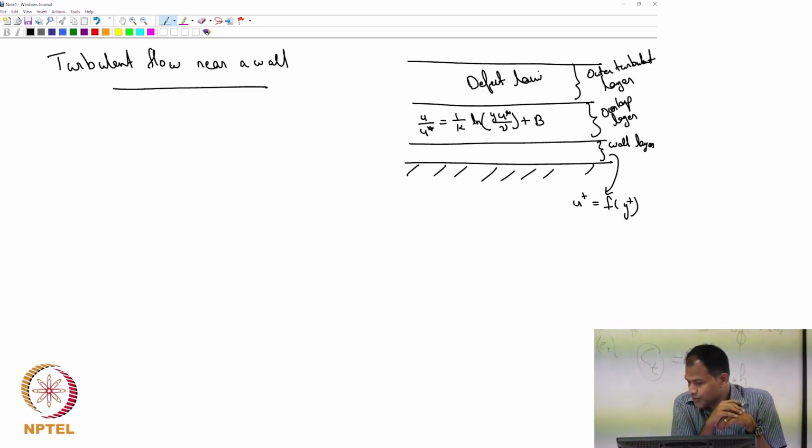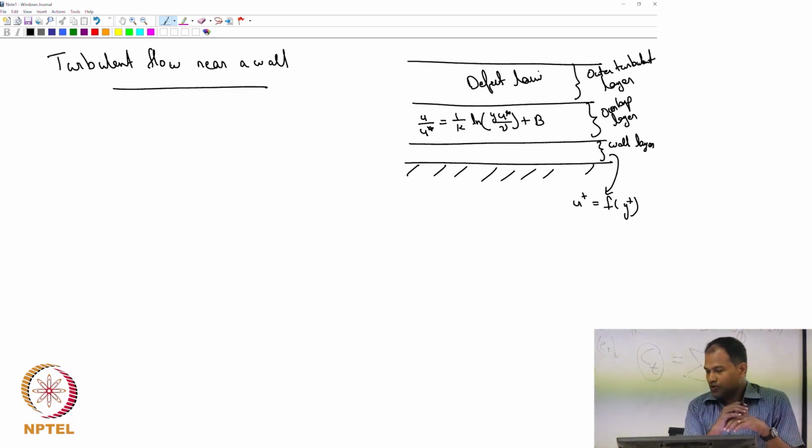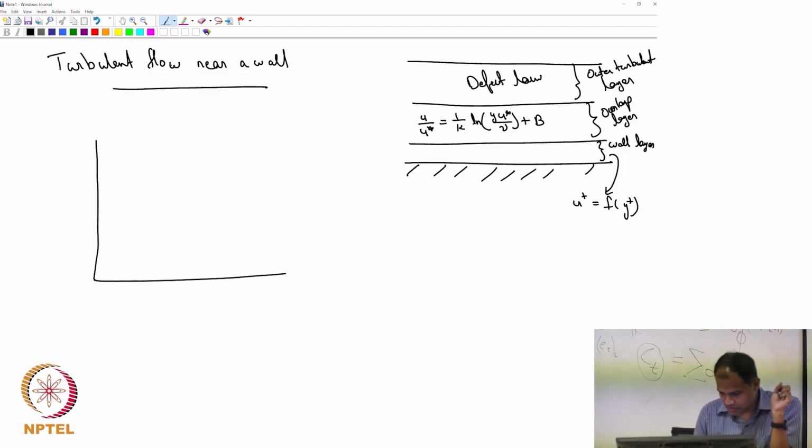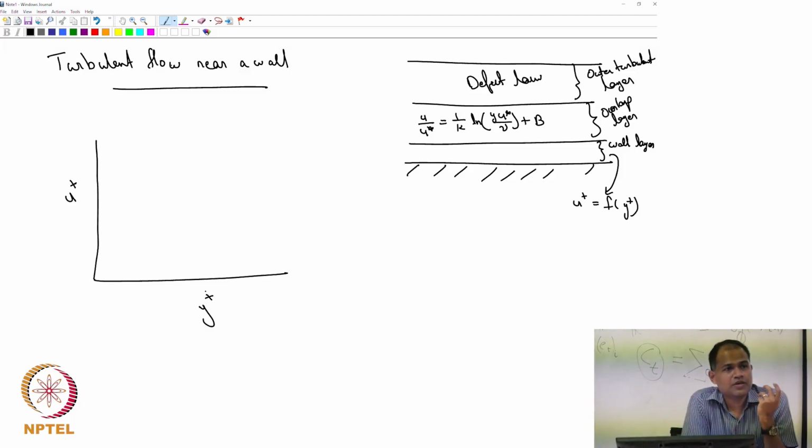What I'm going to do now is draw a diagram showing the velocity profile in these three layers, using u plus and y plus, the velocity and distance variables I'll use throughout.